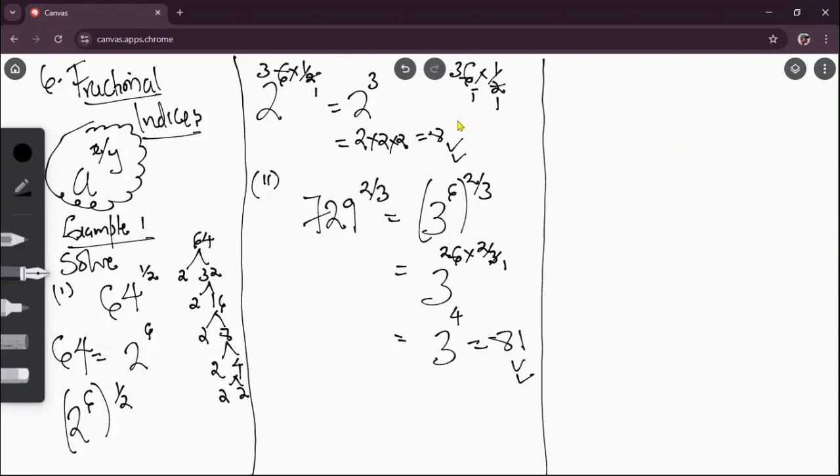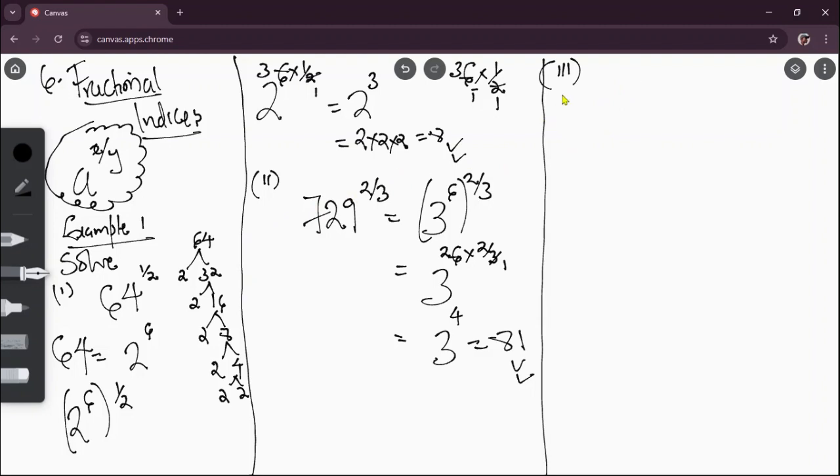This was our answer. I want to present the last example of fractional indices and see how the sum looks like. Let me pick a number that is somehow a fraction.